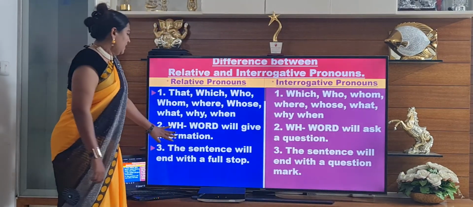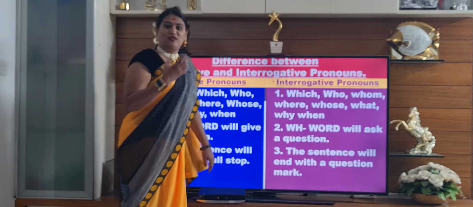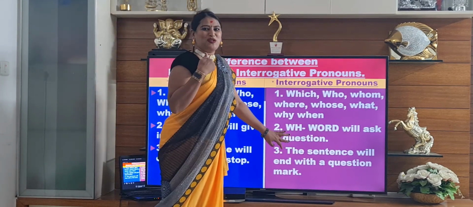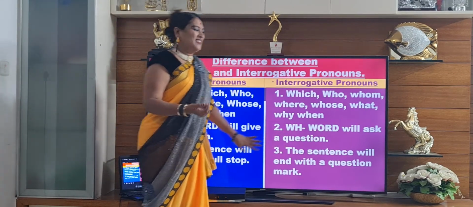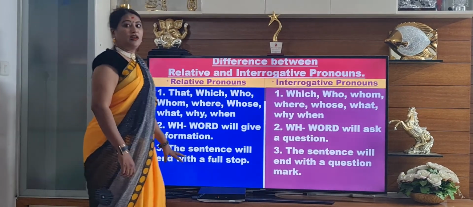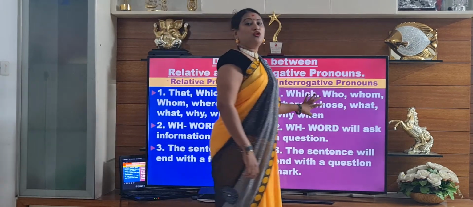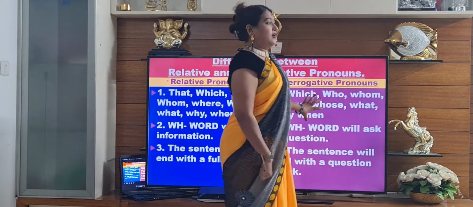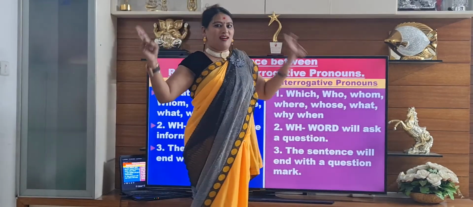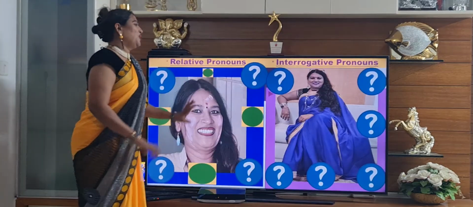Interrogative. Now, the WH words give information in relative pronouns, whereas the WH word will ask you a question. It will ask you for information. The third difference is that the sentence will always end with a full stop, but when it comes to interrogative pronouns, the sentence will end with a question mark. Okay, dear? So now you know all the differences.